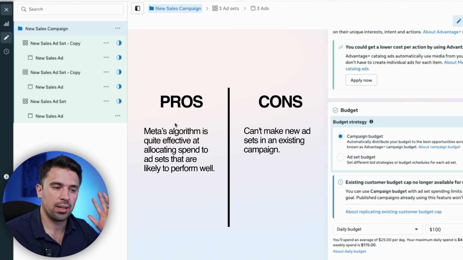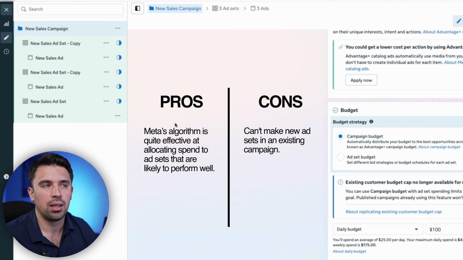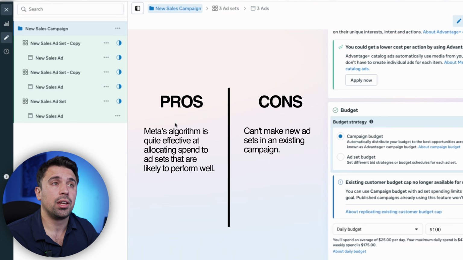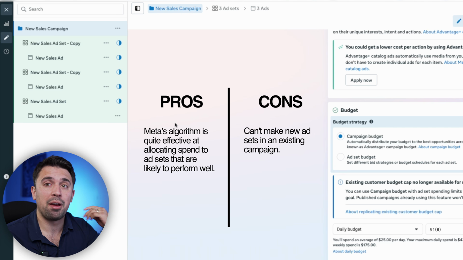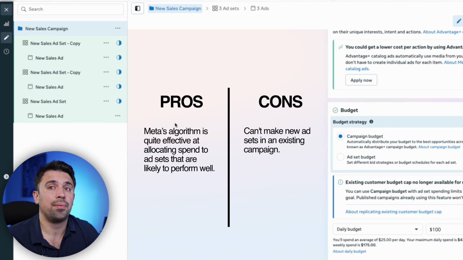We know it doesn't spend exactly evenly, but roughly on average. Now, what if you were to introduce another ad set into here? Well, now instead of dividing $100 by 3, you're dividing $100 by 4. So that can throw off the optimization of the existing ad sets.